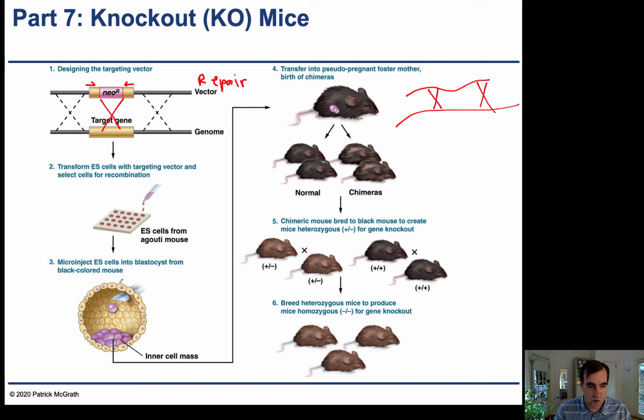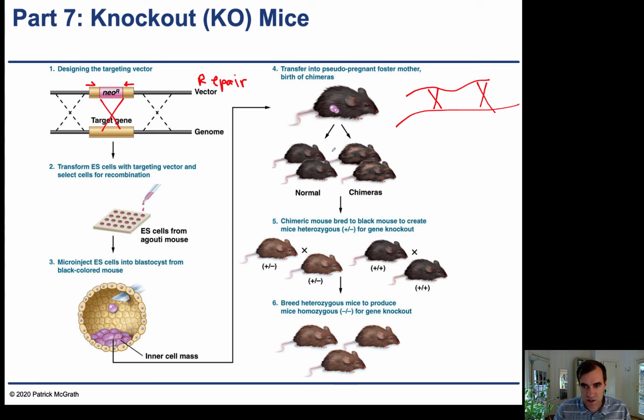And so this injection is done in vitro. You would not inject in the mother's womb. You would actually inject it outside the mother's womb, and then you would transfer this back into a foster mother in order for it to grow.